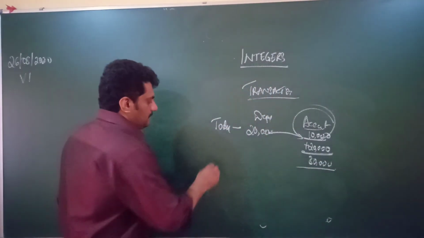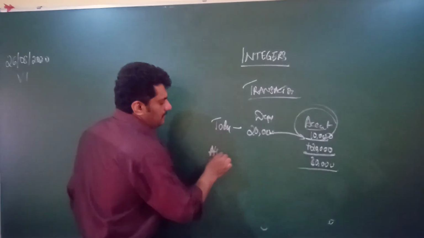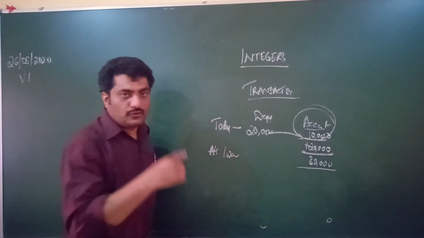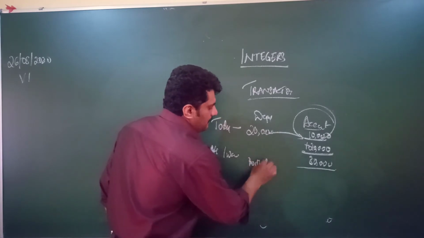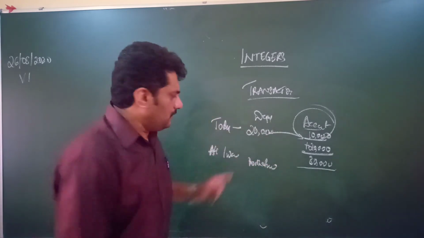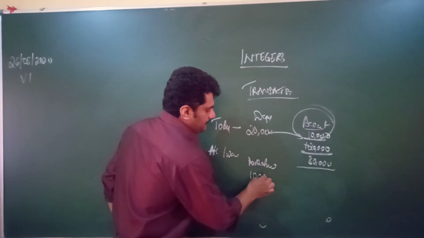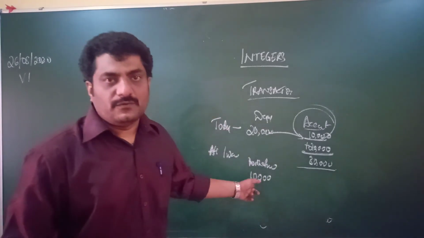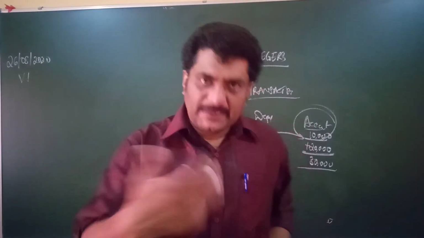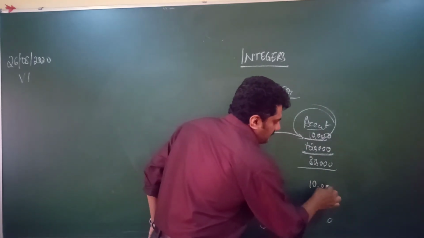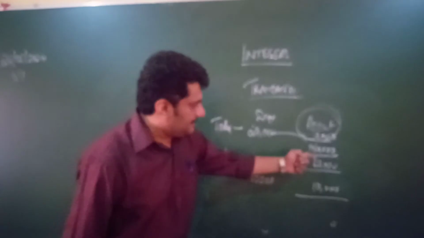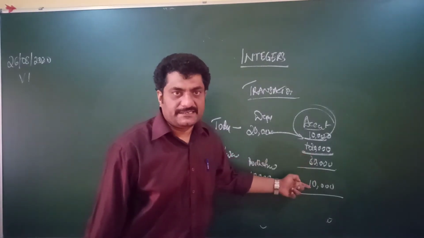After 1 week, you go back to the bank to withdraw. You withdraw 10,000, that means you take 10,000 from the bank. When you take 10,000, this will get subtracted, right?